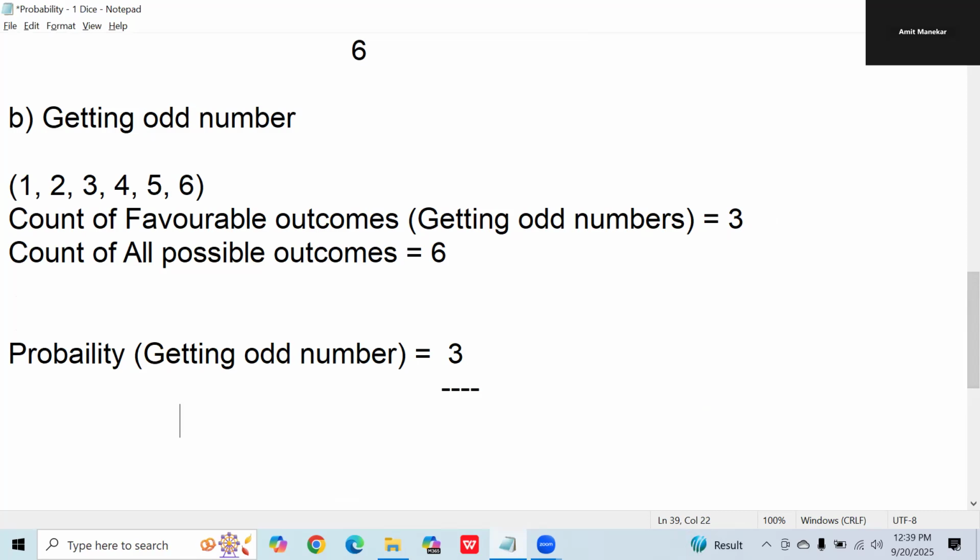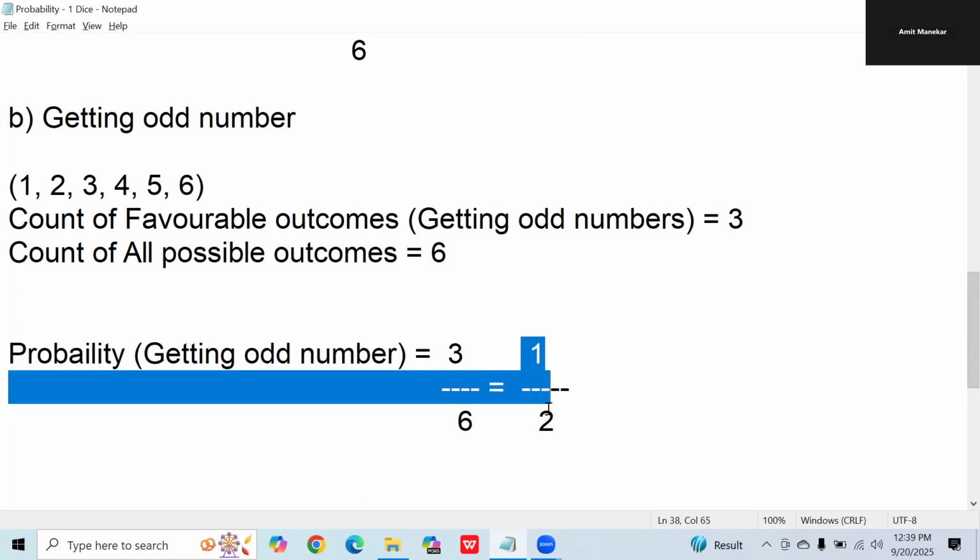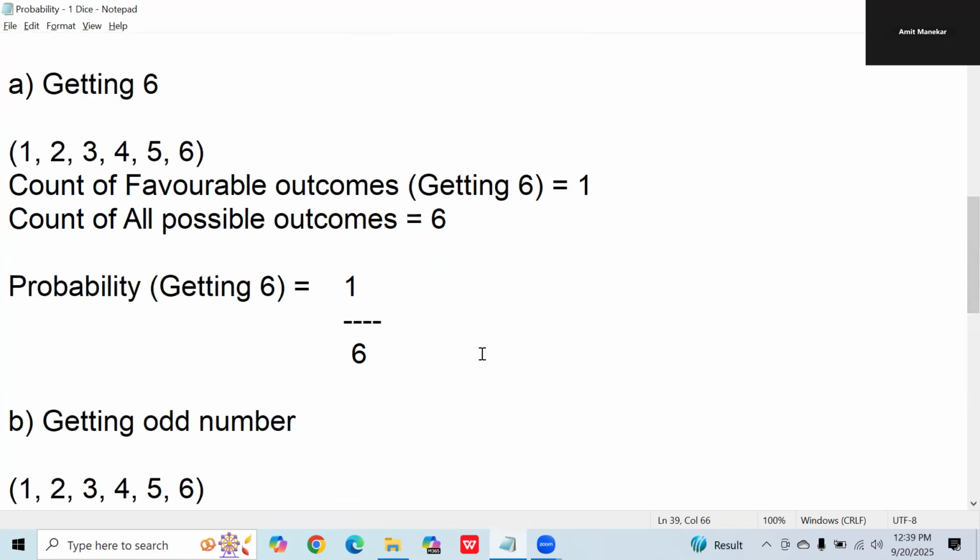It's 3 upon 6. You can keep it like this, or you can further simplify it. 3 ones are 3, 3 twos are 6. So you can simplify this as 1 upon 2. So the probability of getting an odd number is 1 upon 2. This is our answer for the second part.